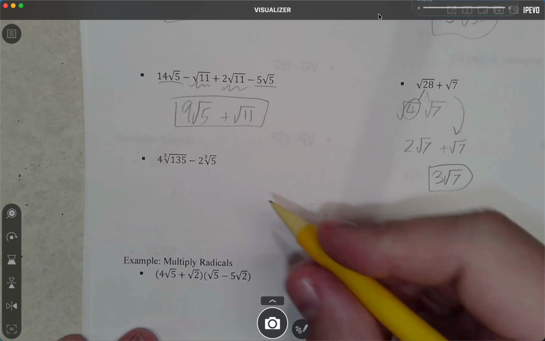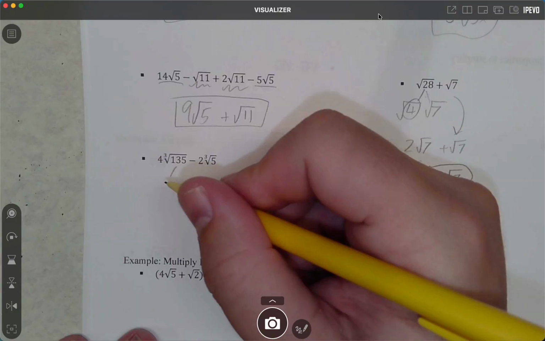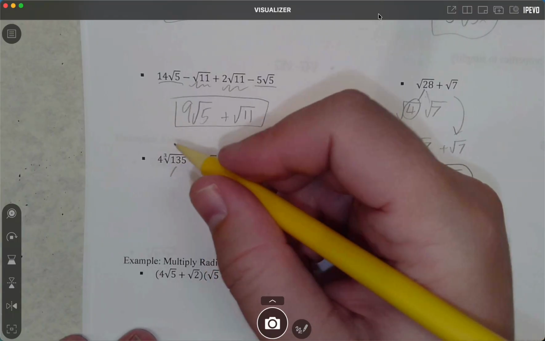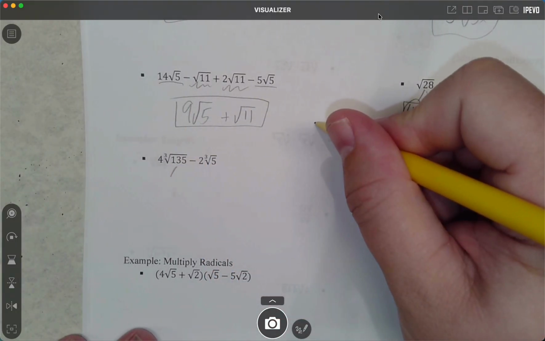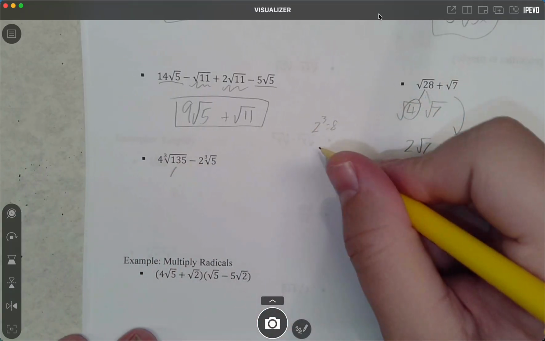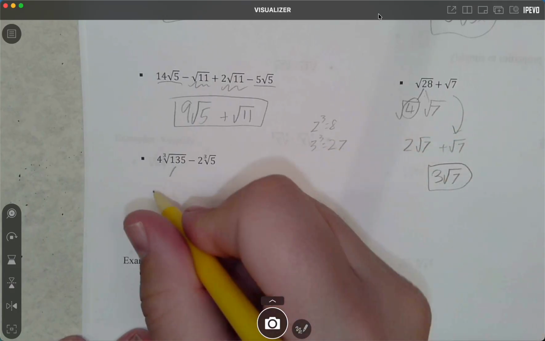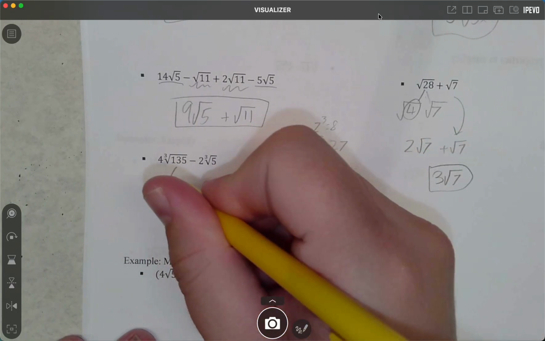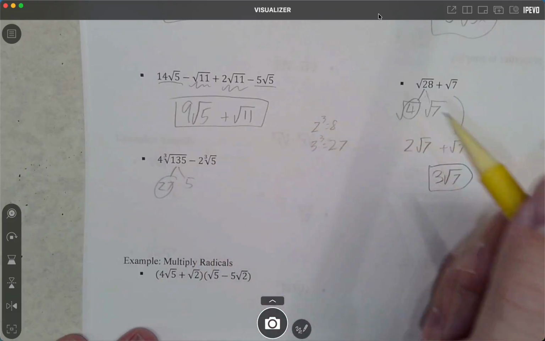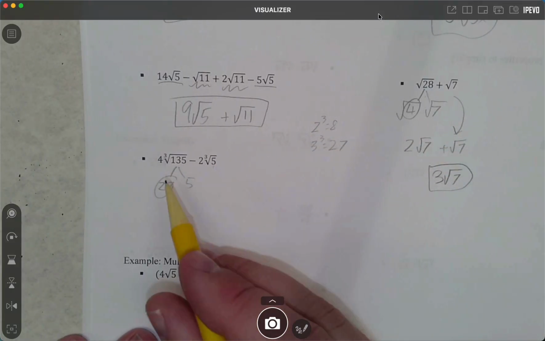For this one, when I look at my perfect cubes, once again, I'm going to think what numbers could go inside. And so let's see here. 2 cubed is 8, but 8 won't go into an odd number. 3 cubed is 27 again. And 27 I actually think goes in, and you actually are left with a remainder of 5, which is good because we had a remainder of 5 essentially in this other problem.